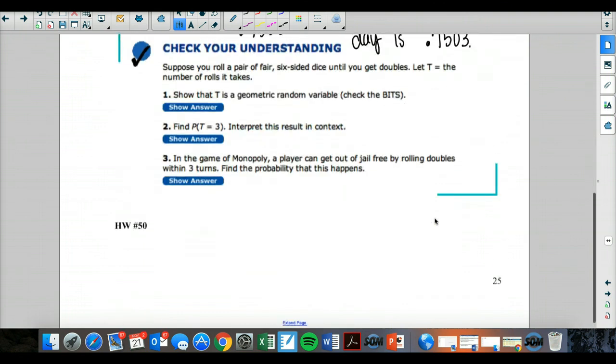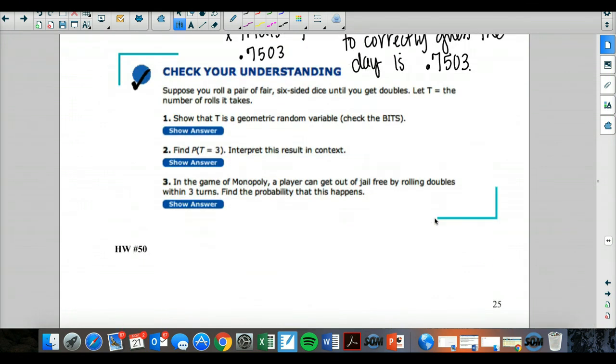All right, next, suppose you roll a pair of fair 6-sided dice until you get doubles. Let t equal the number of rolls it takes. So show that t is a geometric random variable. So B, for binary, you either get doubles or you do not get doubles. I, when you're rolling dice, each roll is independent. The dice do not change.